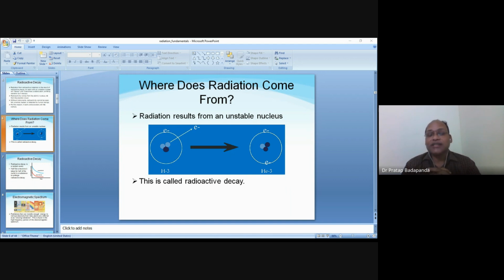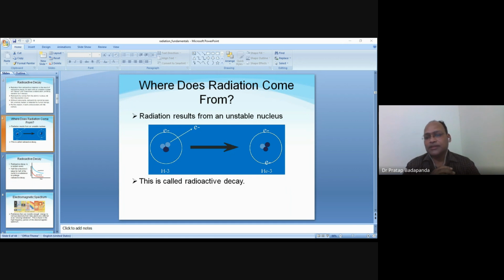So out of the two neutrons, one neutron is converted to a proton. When one neutron is converted into a proton inside the nucleus, the energy will change. The energy emitted by this process is known as radioactive decay.